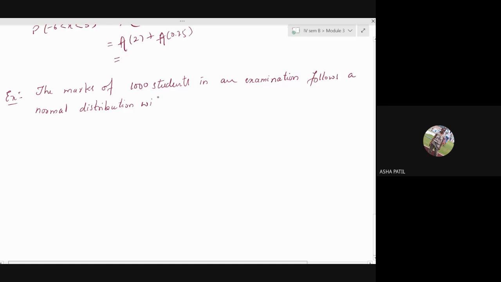It means mean 34.4 and standard deviation 16.5.